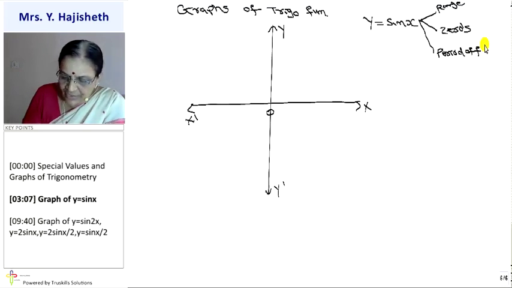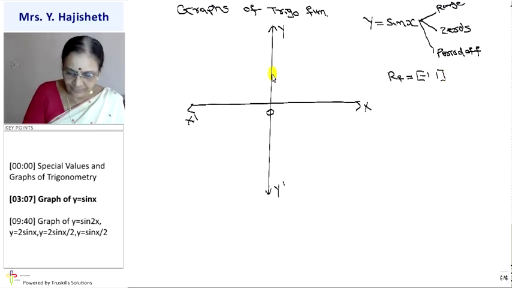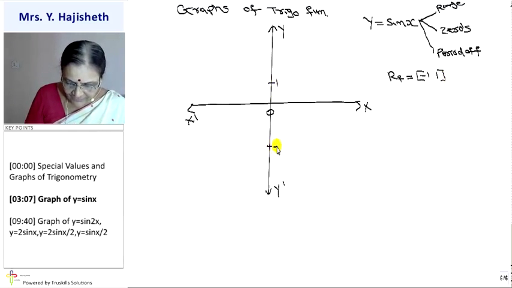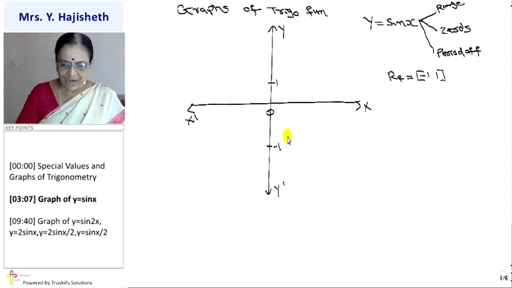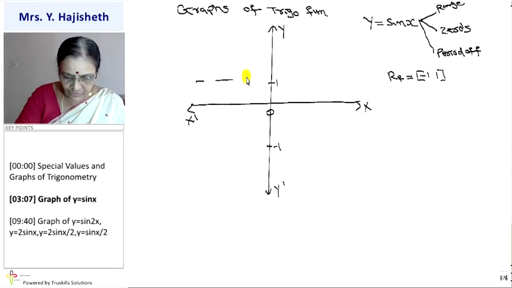You know, the range of sin x is the closed interval -1 to 1. So my graph takes maximum value 1 on the y-axis and minimum value -1. Matlab my graph is moving in between -1 to +1.